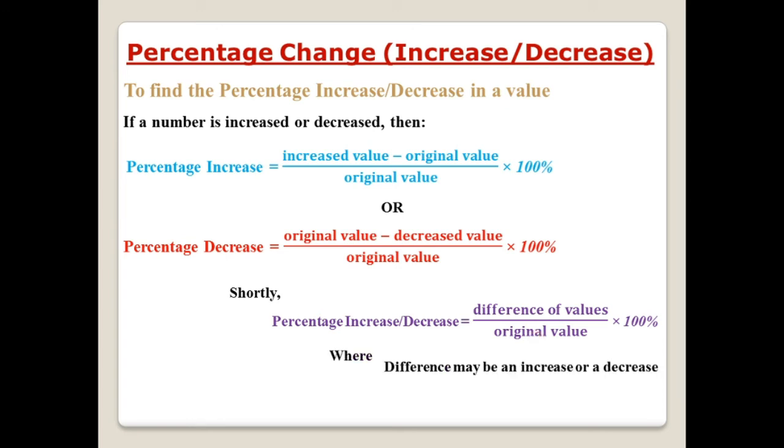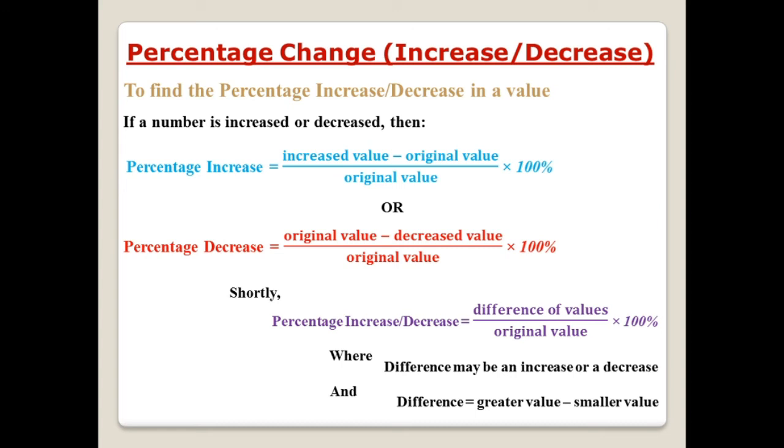Here the difference may be an increase or a decrease according to the question given, and the difference must be positive, and it can only be possible if you subtract the smaller value from the greater value. That is, difference must be equal to greater value minus smaller value.